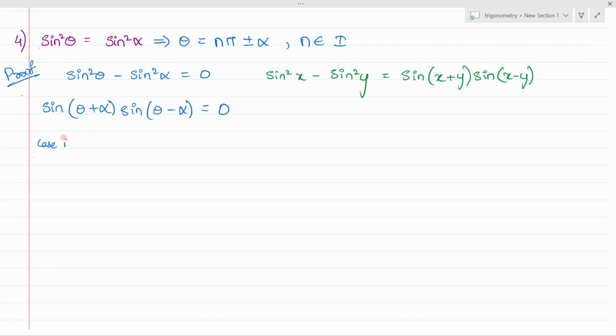So if we take case 1, that is sine of theta plus alpha might be 0, or case 2, that is sine of theta minus alpha might be 0.